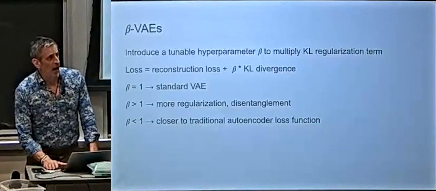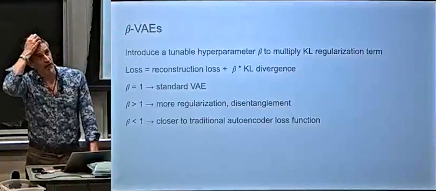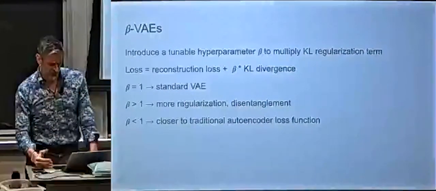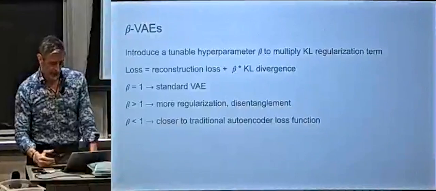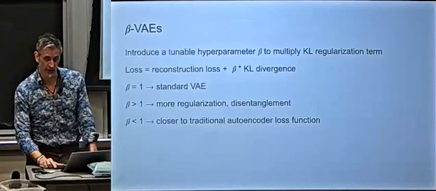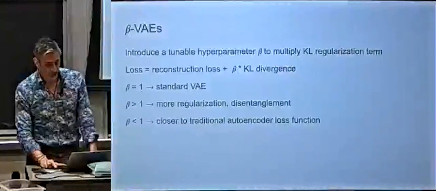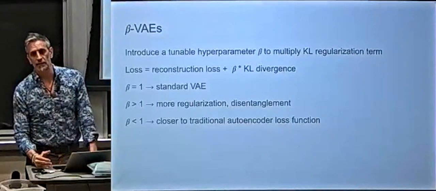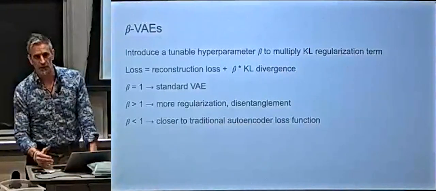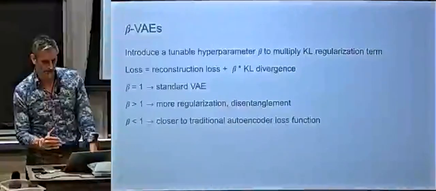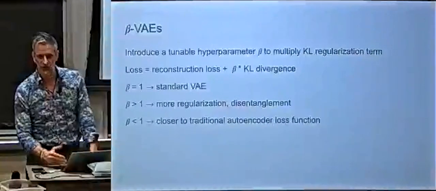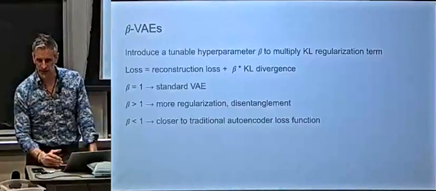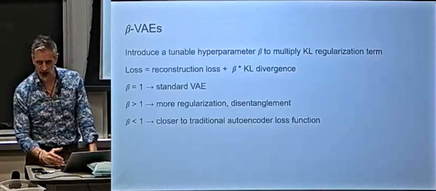Okay, I want to mention this because it's also a really interesting and useful addition to these variational autoencoders. Everything that I described to you is straight from Bayes' law, so we don't really need to introduce any arbitrary constants.